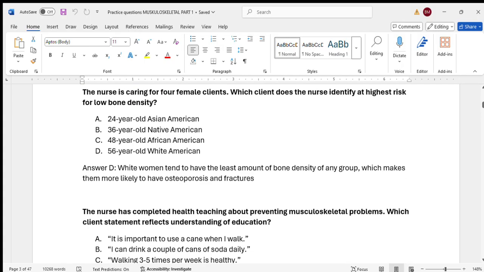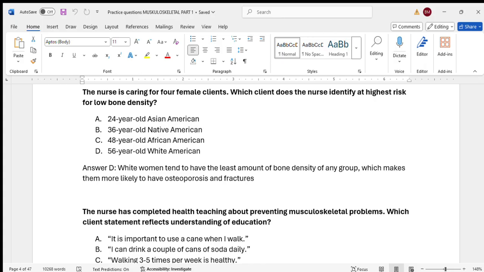Now, the nurse is caring for 4 female clients. Which client does the nurse identify at higher risk for low bone density? So we are looking for the highest risk for low bone density.